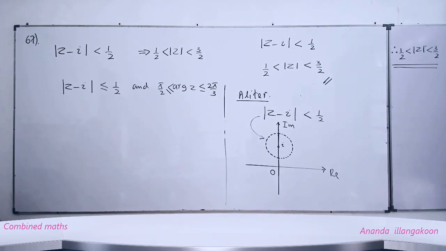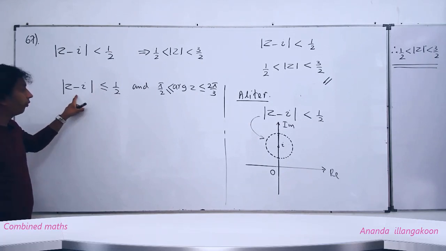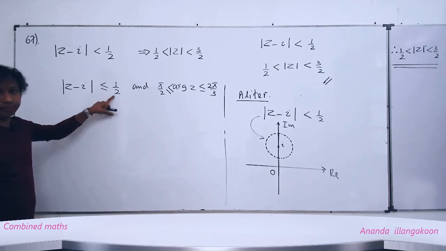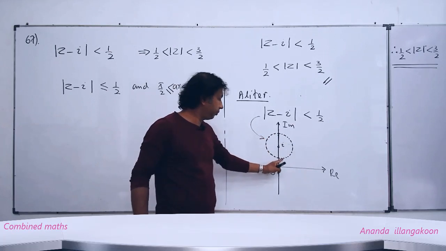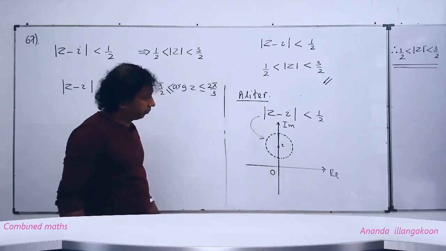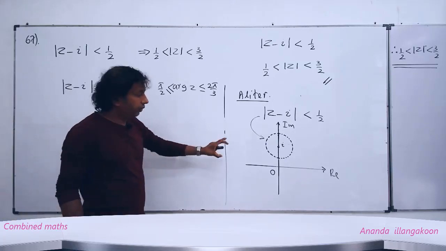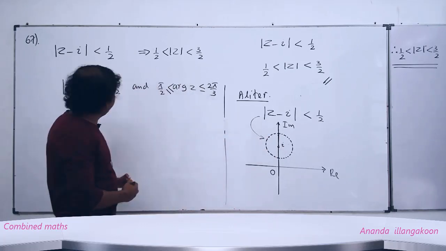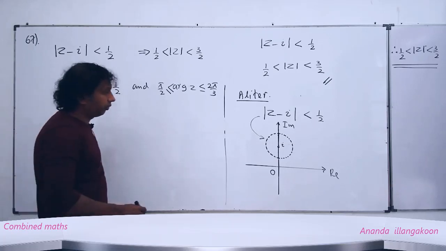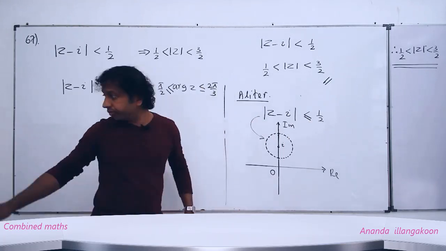Modulus of Z minus i less than or equal to half. Modulus of Z minus i equal to half means on the circle. Less than half means inside the circle. So this region I can now draw. I take the same diagram.